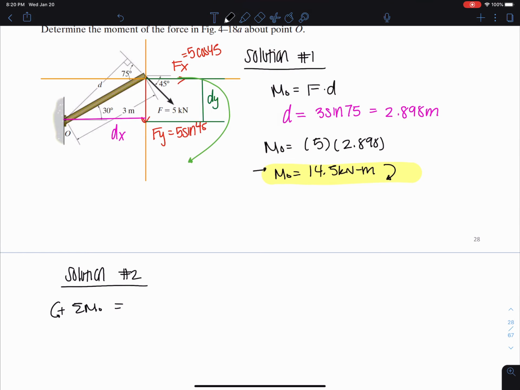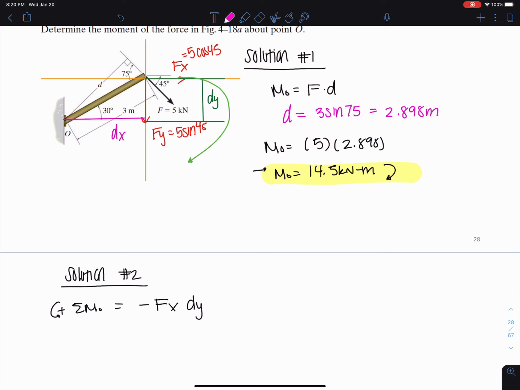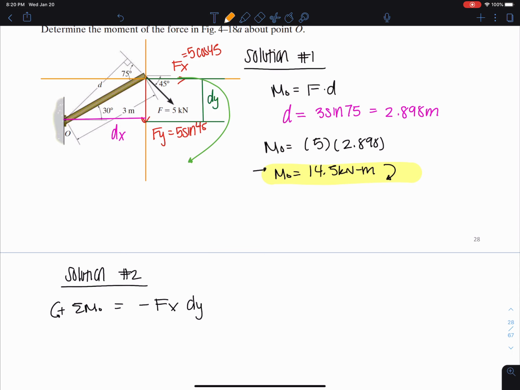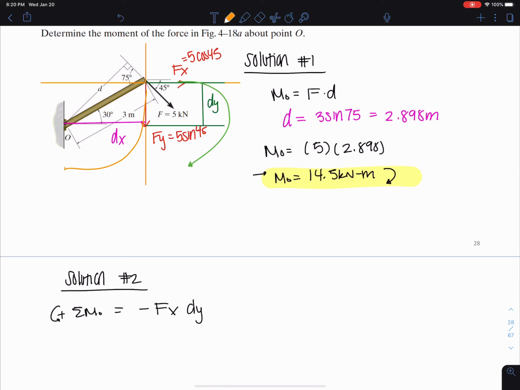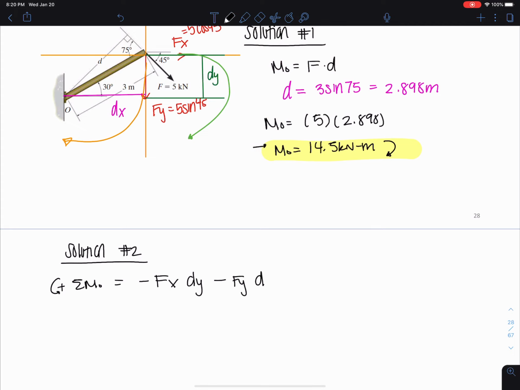So I'm going to have negative Fx times the moment arm dy, and then, let's pick a different color I haven't used here, orange. And then Fy is also going to produce that clockwise rotation, so it's also going to be minus Fy dx.